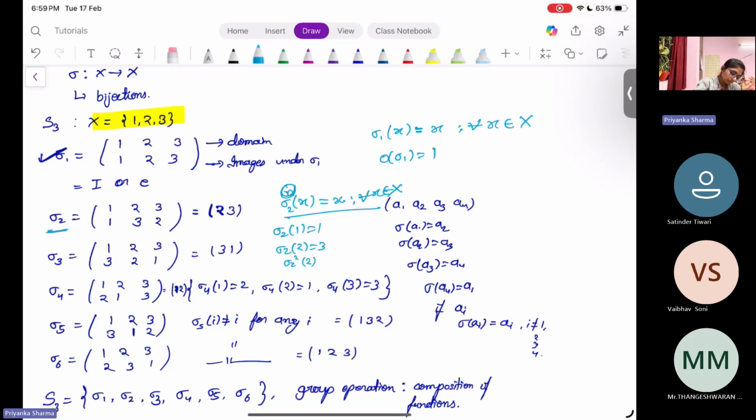This will be the image of 3, that is 2. And similarly sigma 2 square of 3 is 3.